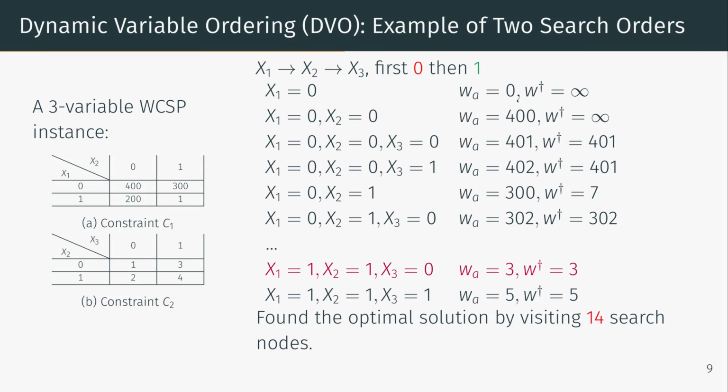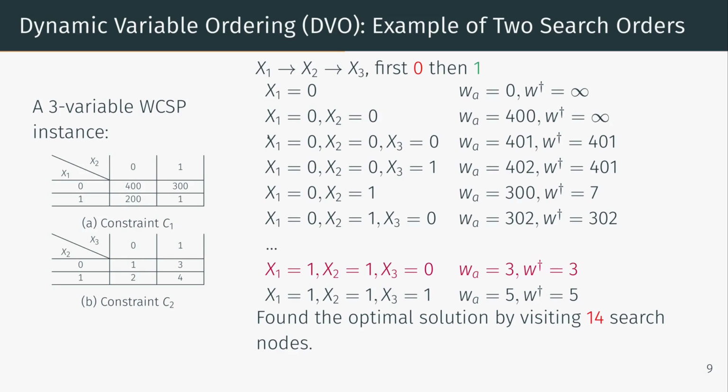And because we haven't reached a complete assignment yet, we have W dagger equals infinity. Then we assign the next variable, x2 equals 0. Here we have 2 variables assigned, and there's 1 constraint between them. We look at the table here, and we have WA equals 400. And W dagger is still infinity because we still haven't reached a complete assignment yet.